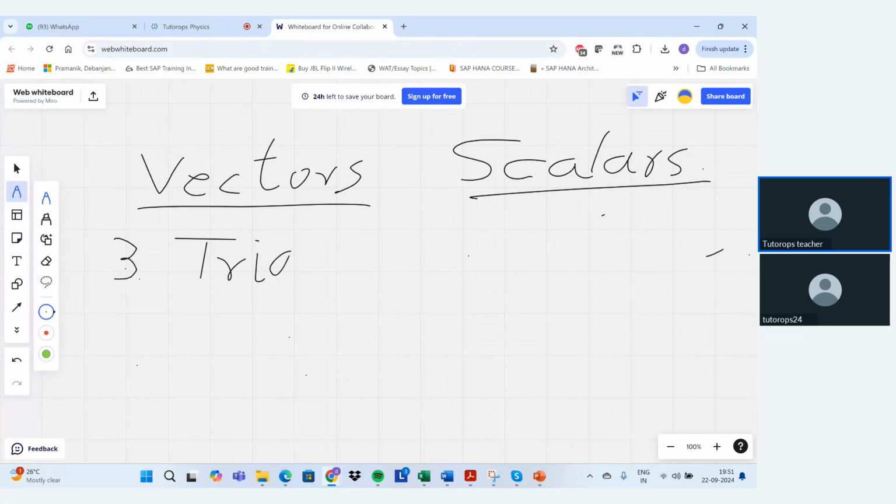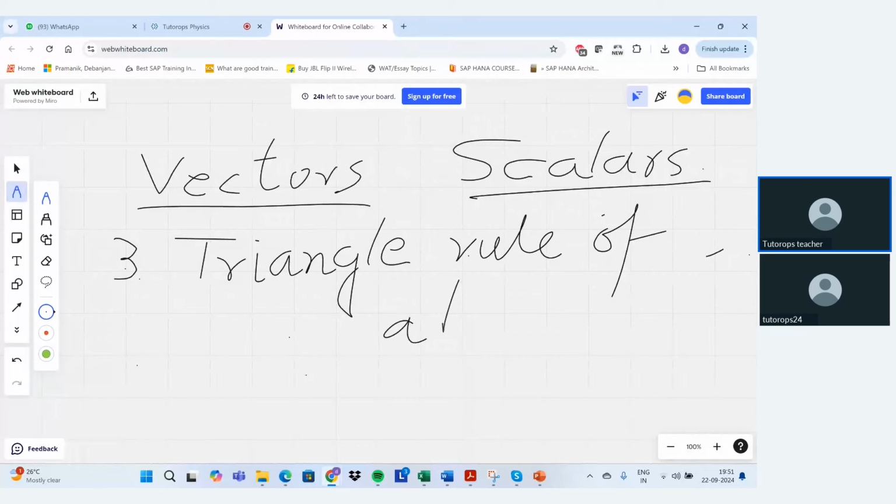This triangle rule of addition applies only to vector quantities, and it doesn't apply to scalar quantities.